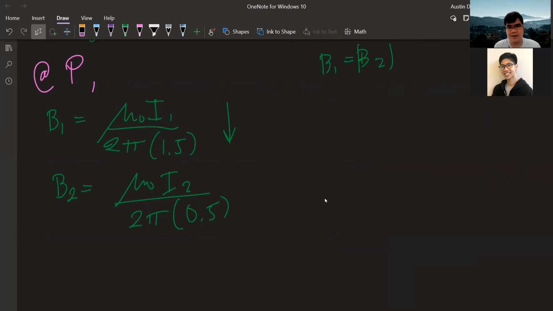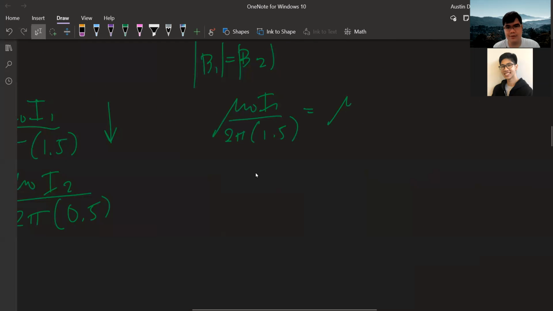In magnitude at least. So that's mu naught I1 over 2 pi times 1.5, which must be equal to mu naught I2 over 2 pi times 0.5. The mu naught and 2 pi cancel.